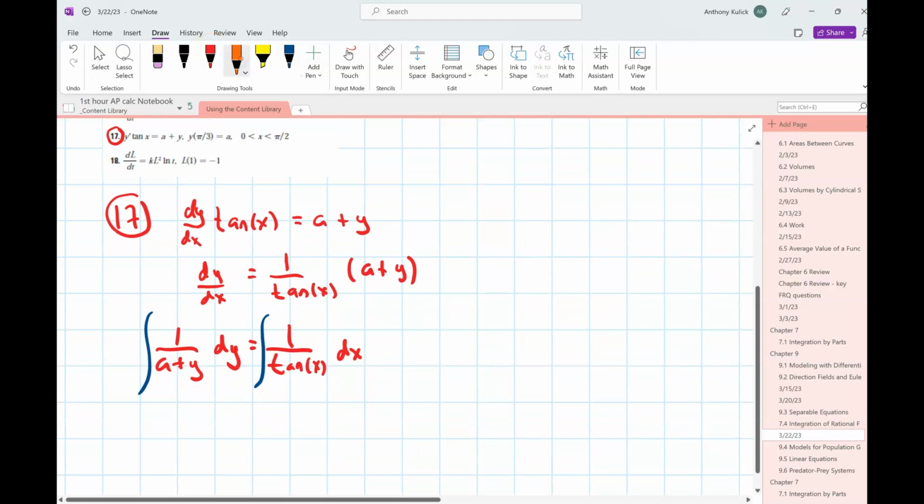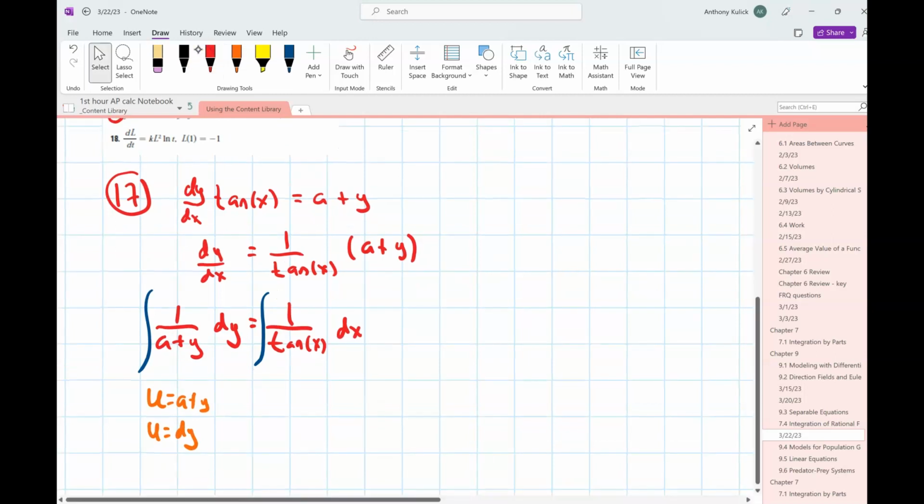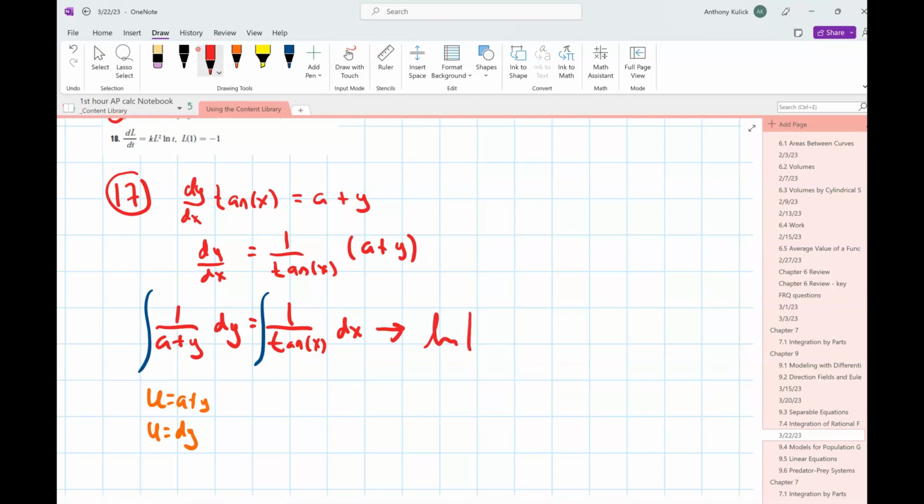So on the left, that's like a u sub problem. But since a is a constant, it's like the easiest u sub that's ever u subbed. We end up with just the natural log of a plus y.